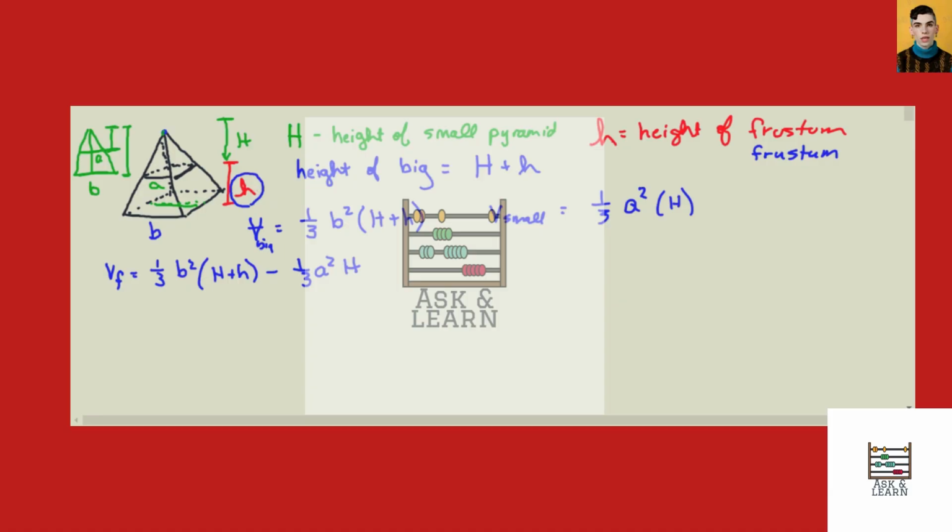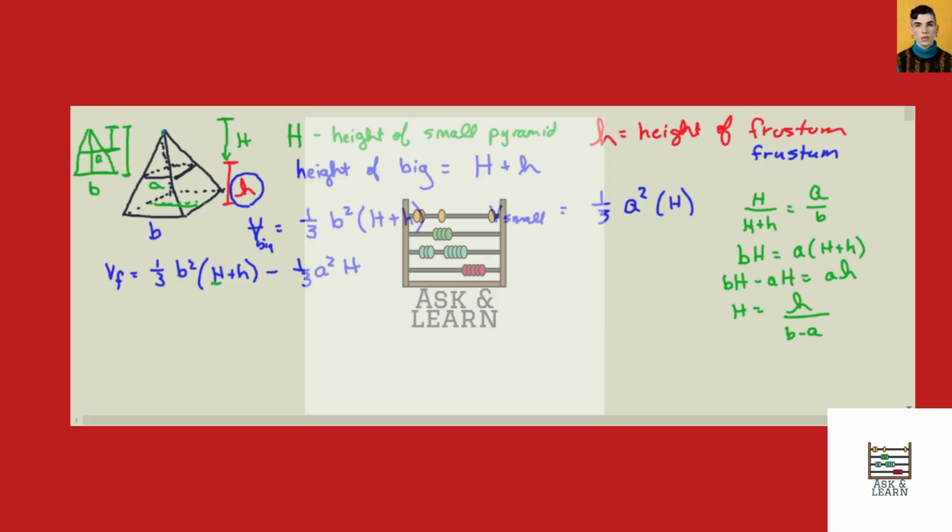So I know that the height of the little one divided by the height of the big one is equal to the ratio of the bases of those two triangles, A over B. Cross multiplying, I get big H times B is equal to A times big H plus little h. And I need an expression for big H. So I get BH minus AH equals A little h. So big H is little h A over B minus A.